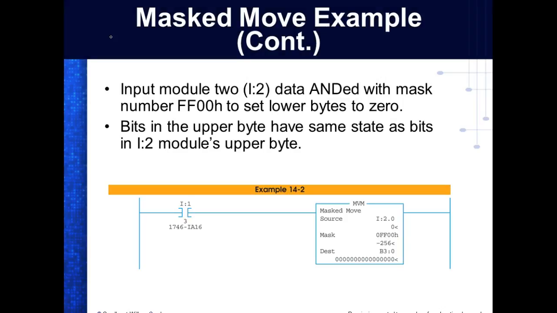So in Logix Pro, how can you tell if it's an AND mask or a normal mask? Well, if you use a mask move, it is an AND mask. If you wanted to do an OR mask or an AND mask, you would do it with an AND or OR instruction. Make sense, sir?